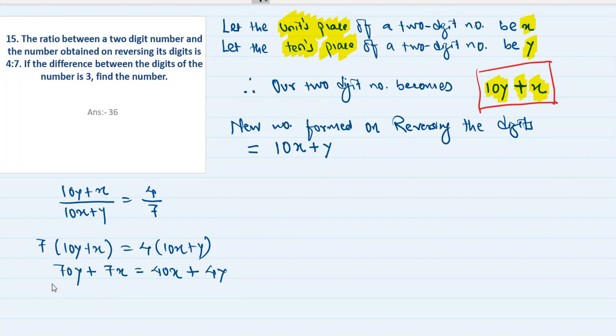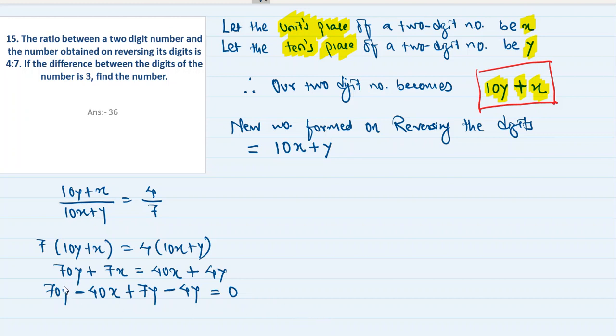Correct? So 70y minus 40x plus 7x minus 4y is equal to 0.